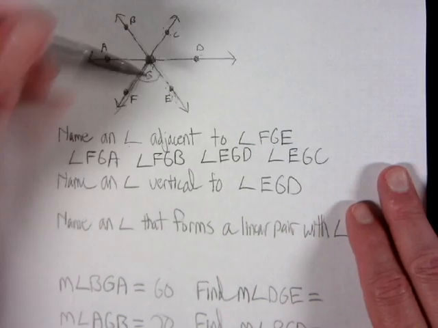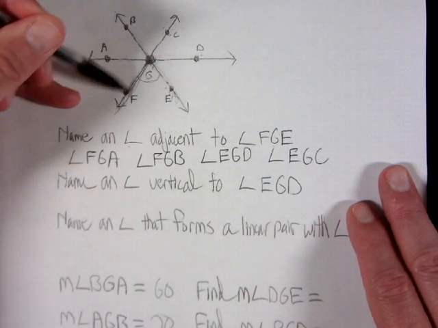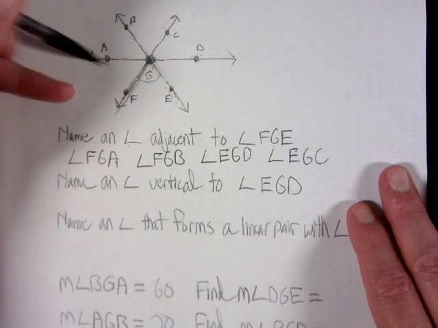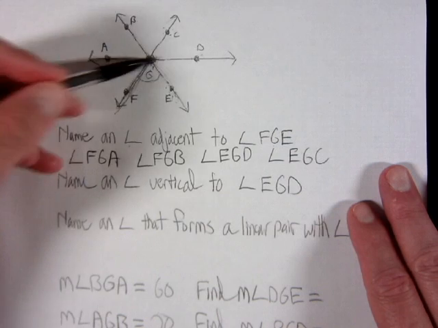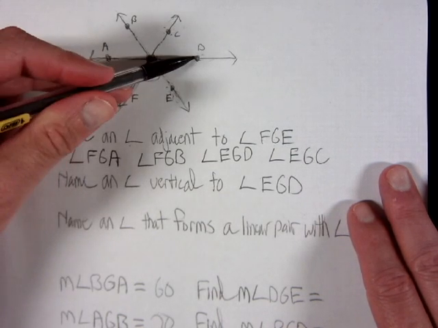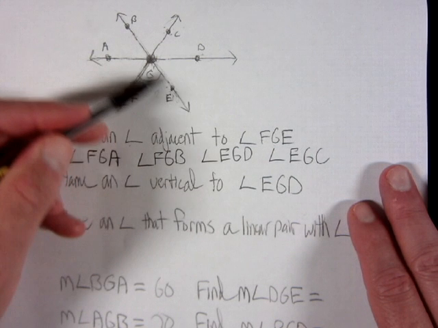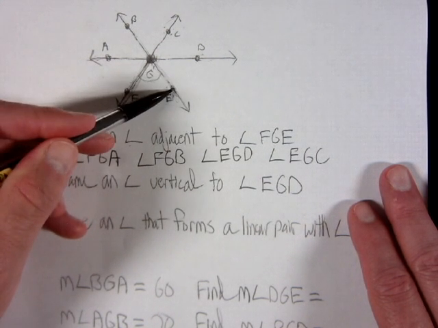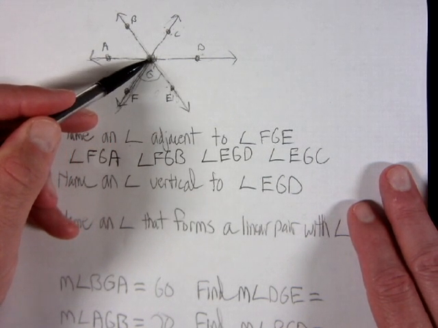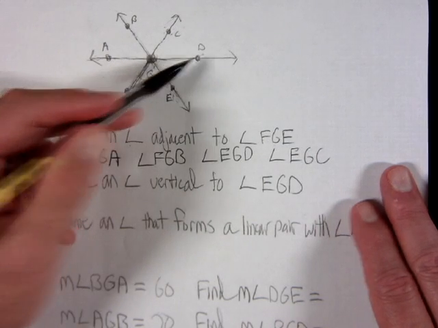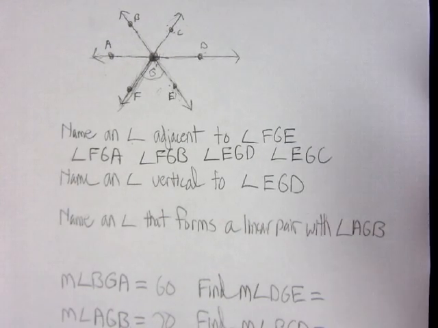So if you got one that's adjacent to this side, you need to continue going this way away from the angle. You can't go back over it. So FGD is not adjacent because of the overlap. And on this side, if you're connecting to this side of the angle, EG, then make sure you're going in the direction that's away from the angle that you're trying to find one that's adjacent to.